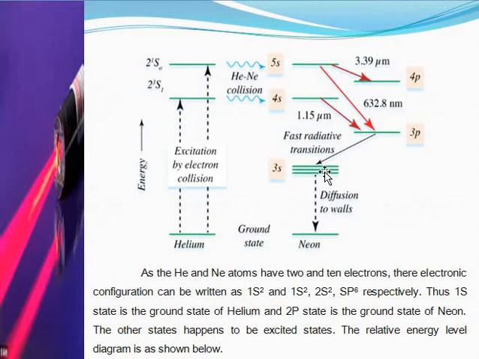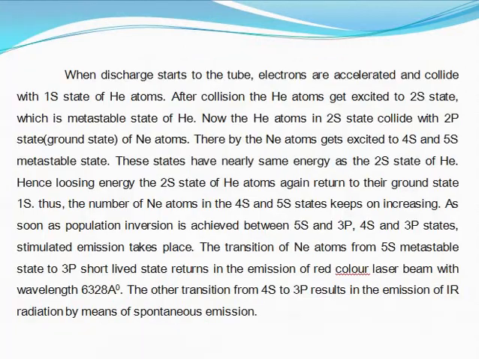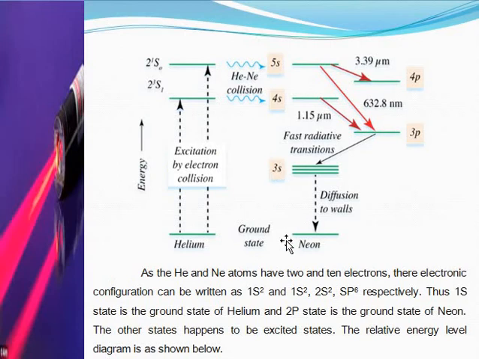Due to the use of a narrow discharge tube, the neon atoms in the 3s level collide with the walls of the tube and get de-excited to the ground state 2p, thereby avoiding the possibility of achieving population inversion between the 3s and 2p states.